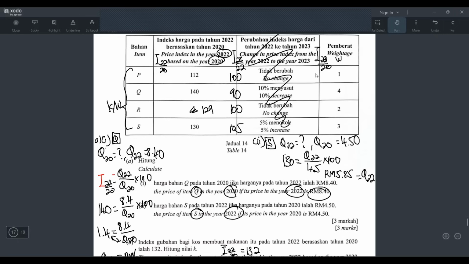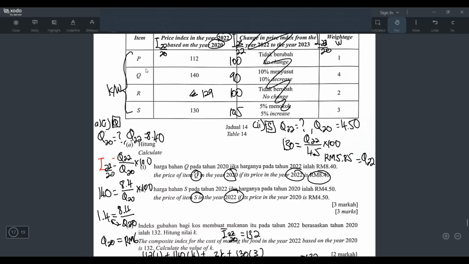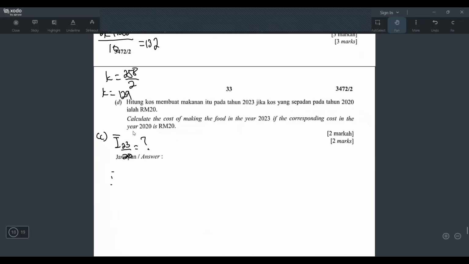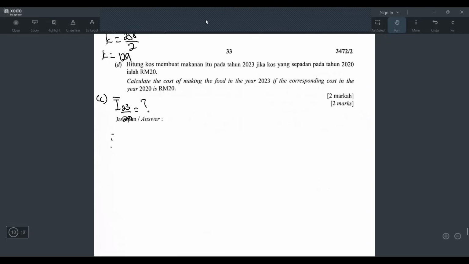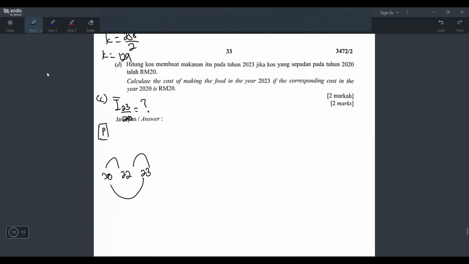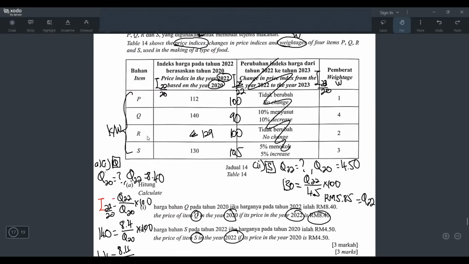So now let's try to focus on finding the I for all of these, right? So we have to find one by one, P, Q, R, S. Let's find for P first. So I'll write P here and I will do a smiley face, right? And there's 3 years involved, 2020, 2022, 2023. And then when we sub, we have to sub the 112 and 100.